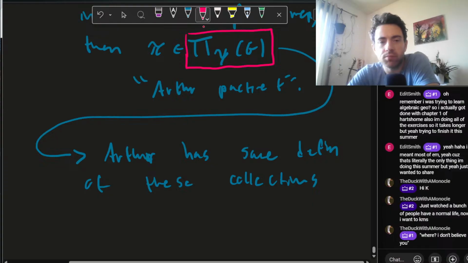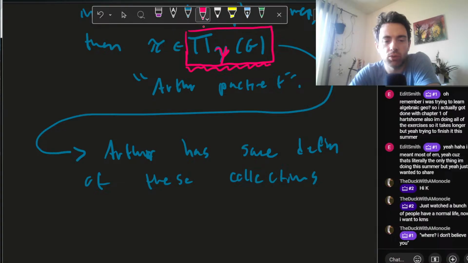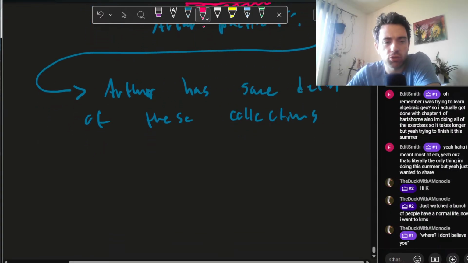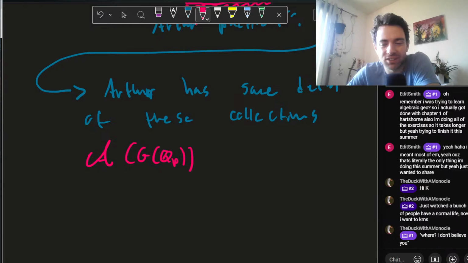Rather, there's a bunch of these different labels, and each of these sets themselves are going to be a finite set. Call it A of G(Q_p).